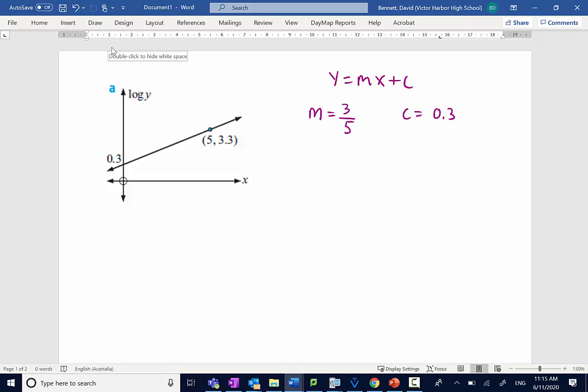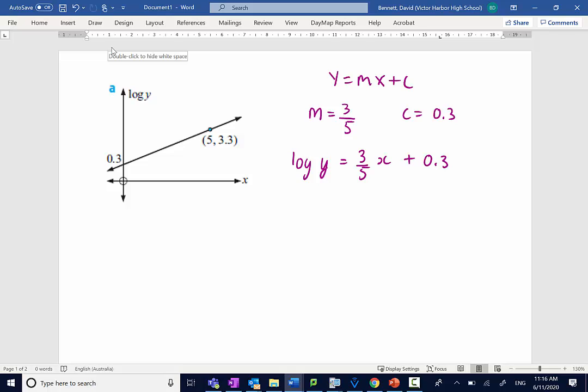So if I put it into this equation like y equals mx plus c, well, my y value is in fact log of y. My slope is equal to 3/5, and my x value is in fact x. And then we've got our c value, which is 0.3.